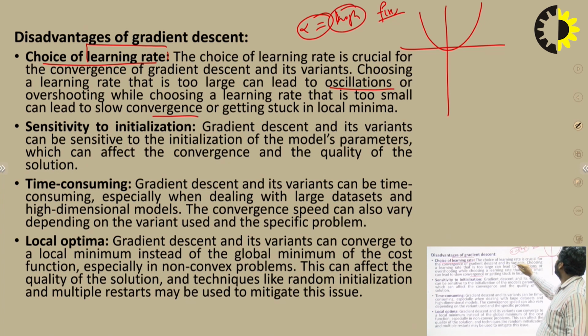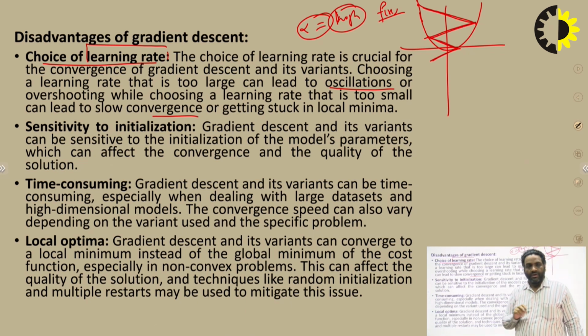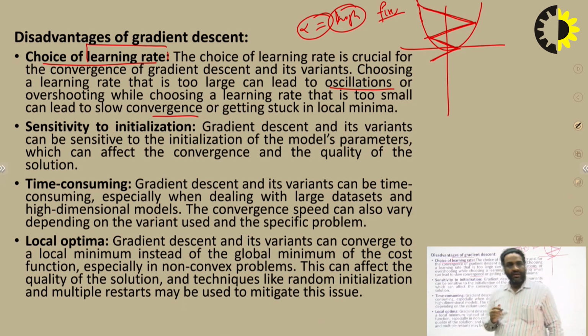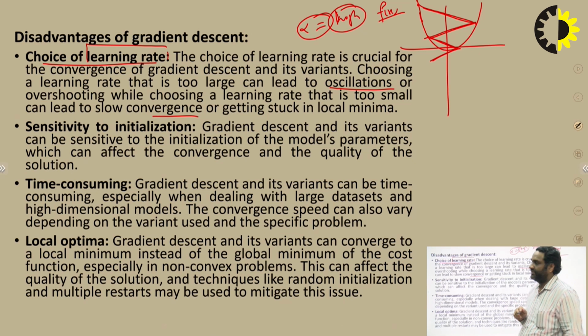After each iteration, suppose we are starting with this point, the next point will be this one for a high learning rate. And in this way, this is the next iteration, then next iteration, then next iteration. So you can see this movement is zigzag. So our minimum point will be lost, or we can say we can't find the minimum point of the function.